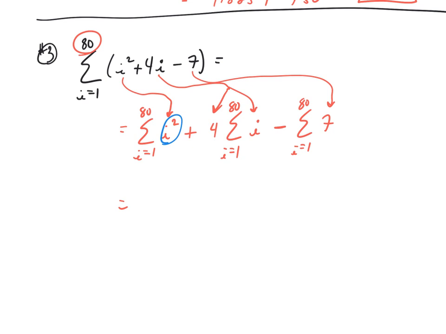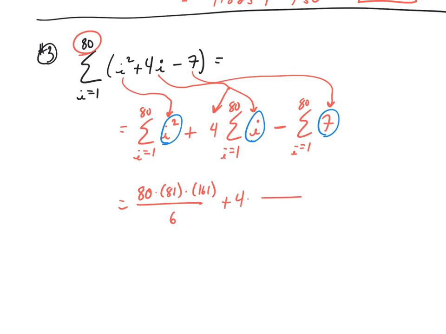Now what I've got is a formula with a variable squared, a variable to the first power, and a constant. So we can just use each of our shortcuts for this. The formula for a variable squared, we take the top number on the summation times the top number plus 1 times 2 times the top number plus 1 divided by 6.